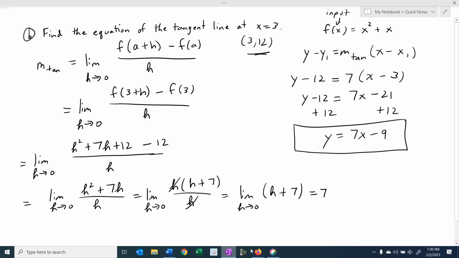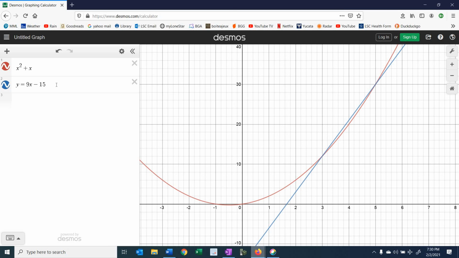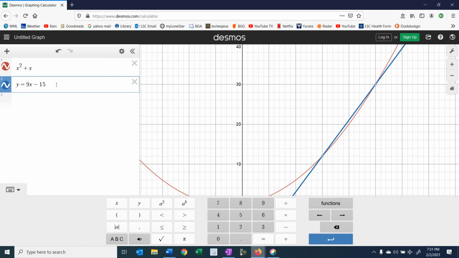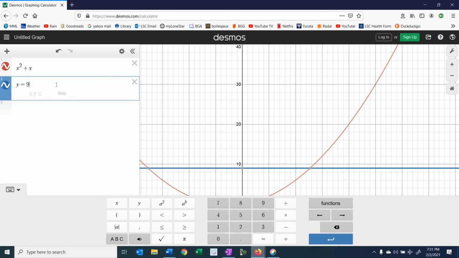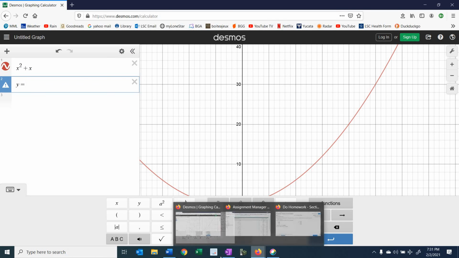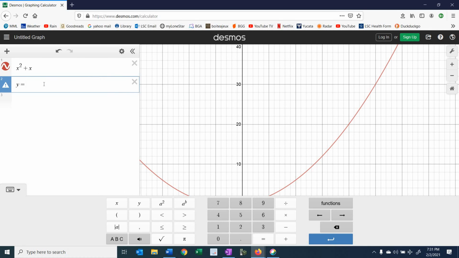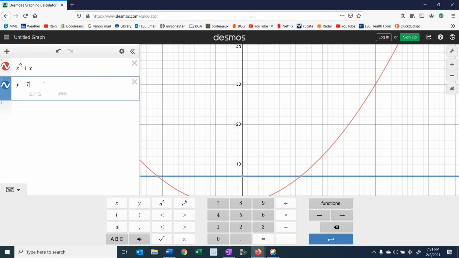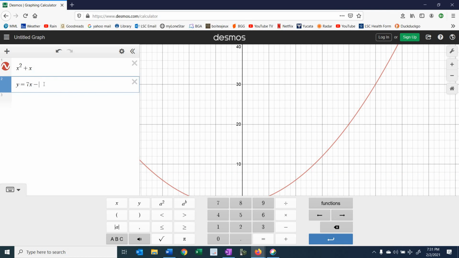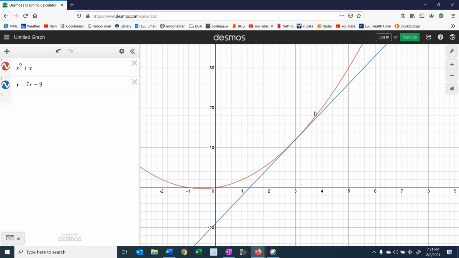Okay, again, I'm going to go to Desmos.com just to give you a picture of this. So this time, this is the equation of the secant line. Now the equation of the tangent line, let me go back and look at it, was 7x minus 9. So let's type that in. And you can see, of course, that's the blue line right here.